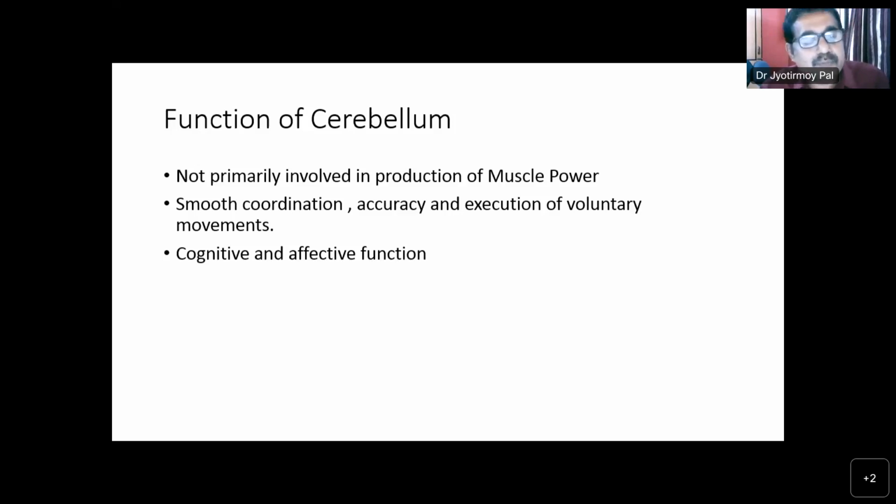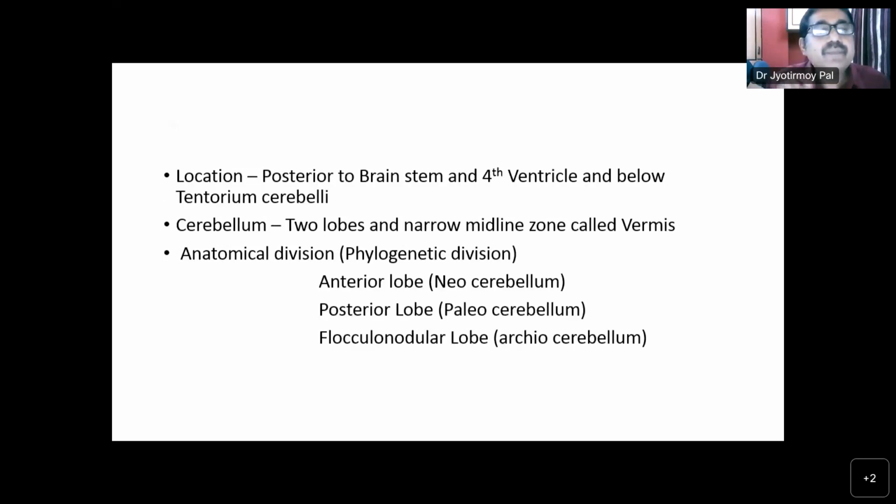If you want to grasp a mobile or dial a number, the corticospinal tract can give the gross movement, but the accuracy, whether your finger is touching the right digit, is made by the cerebellum. That is the role.